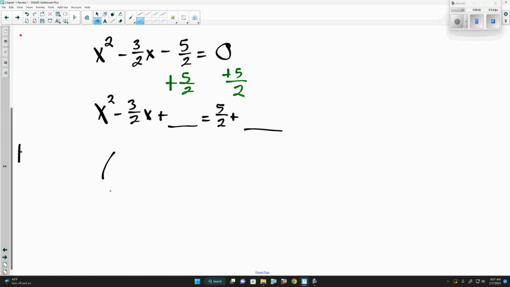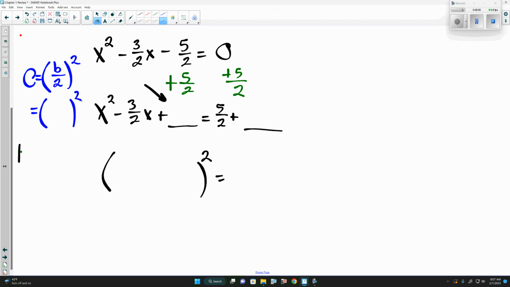Because what we're wanting to do is rewrite this quadratic as a set of parentheses squared, which involves us finding whatever value of c, the constant term, that will turn it into a perfect square trinomial. Now for us here, that term, that number, is b over 2 squared. And for us here, the value of b is our -3/2.